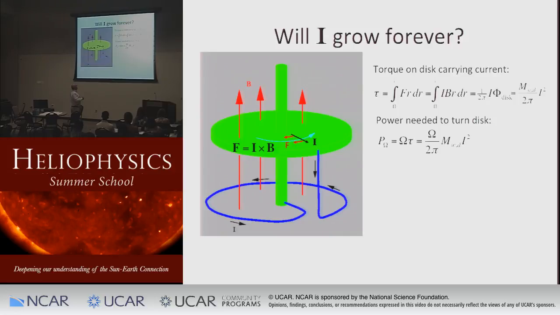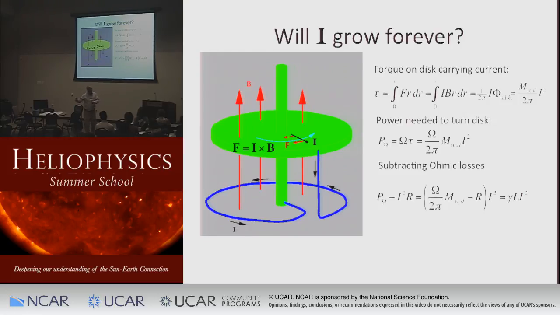So the power that one needs to keep something going at a constant speed against a resisting torque is the rotation rate times the torque, and that is omega times I squared. So I actually have to do work to keep this thing moving at constant speed.